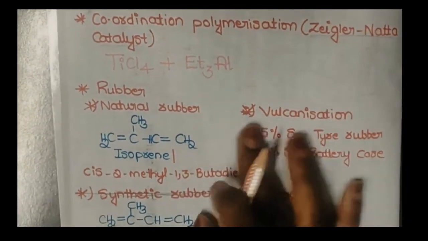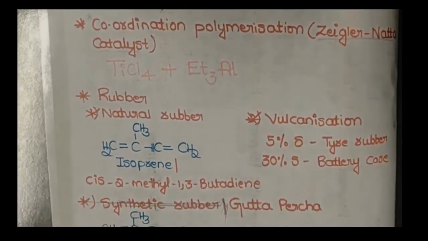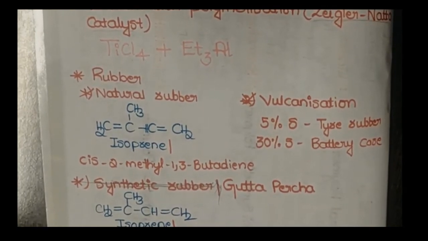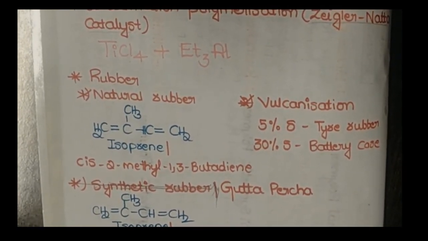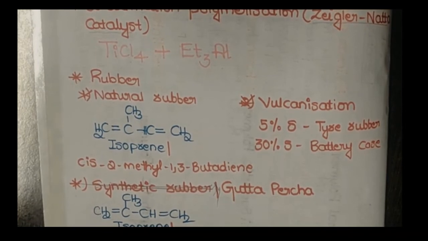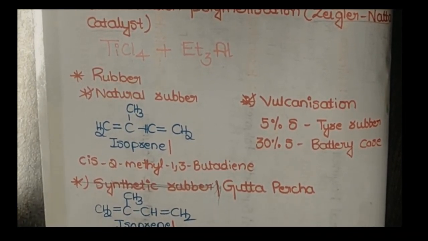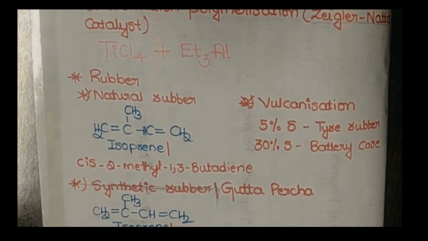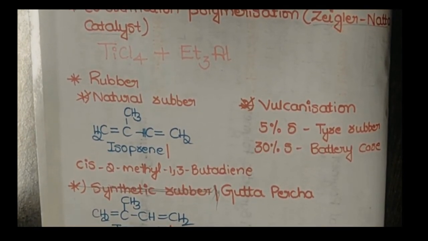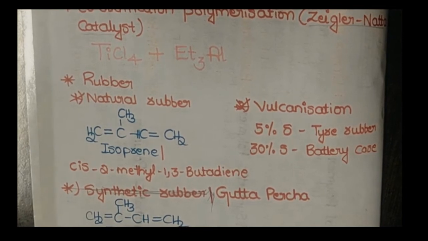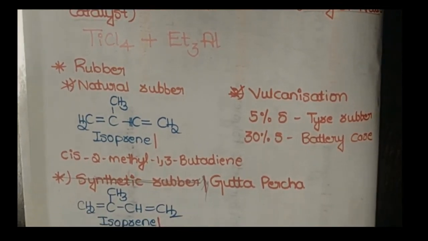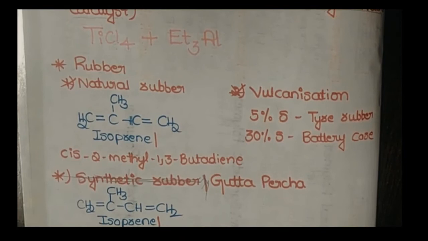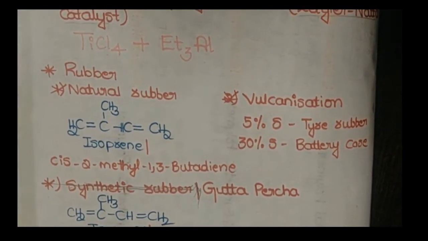So you know that natural rubber is very soft in nature. It is very brittle in nature. Therefore, to improve the physical properties of natural rubber, we carry out vulcanization. So what do you mean by vulcanization? It is a very simple process where you take natural rubber and heat it along with sulfur.